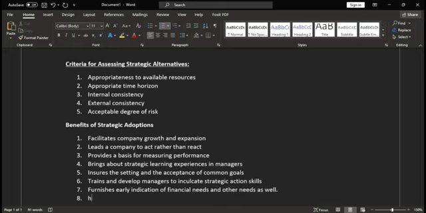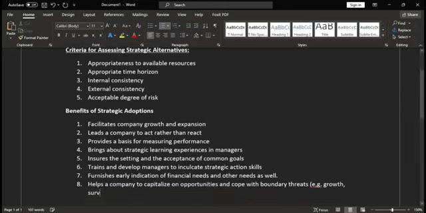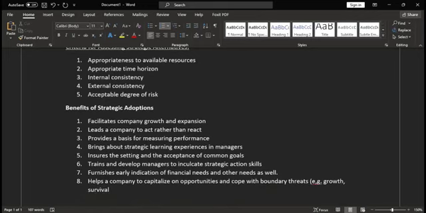It also helps a company to capitalize on opportunities and cope with boundary threats, e.g., growth, survival, and competitive threats.